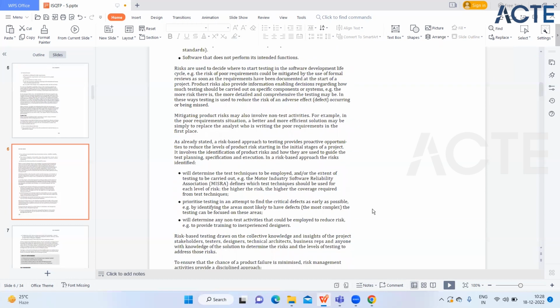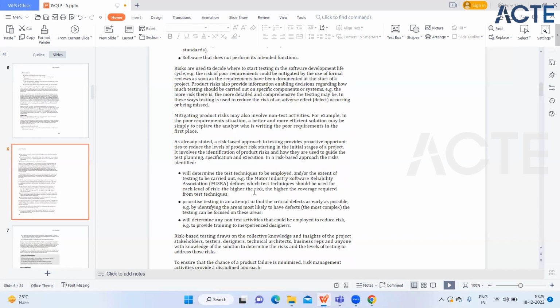So they're saying in a risk-based approach, the risk identified will determine the test techniques to be employed and/or the extent of testing to be carried out. Example, the Motor Industry Software Reliability Association defines which test techniques should be used for each level of risk.